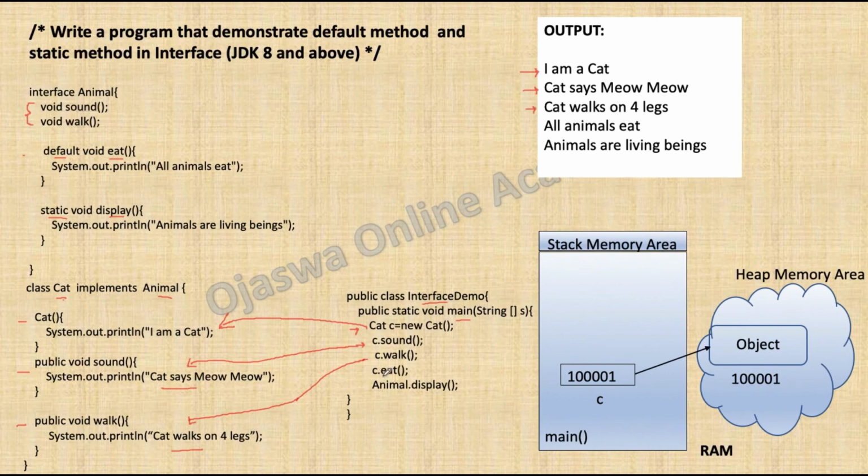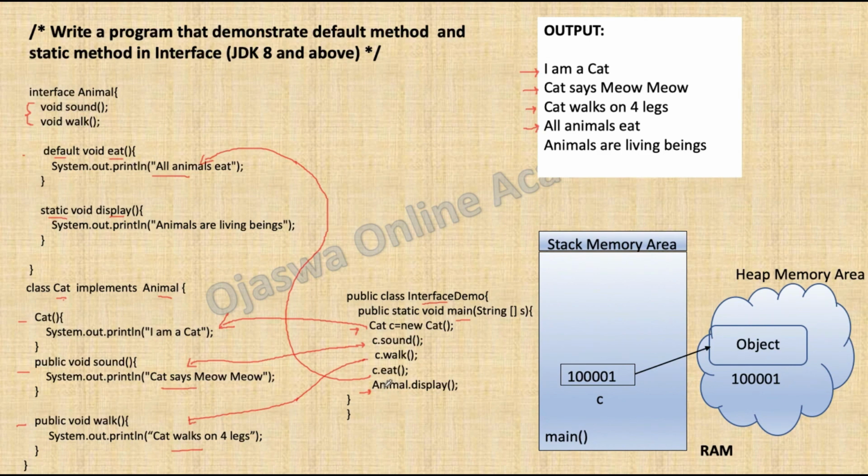Next is c.eat. Now the implementation for the eat method is given inside the interface Animal. So control of execution will go to the definition of the eat method over here, and the code will execute, and this will be printed to the console: "All animals eat". Here we have a call to a static method. Static methods do not need objects.